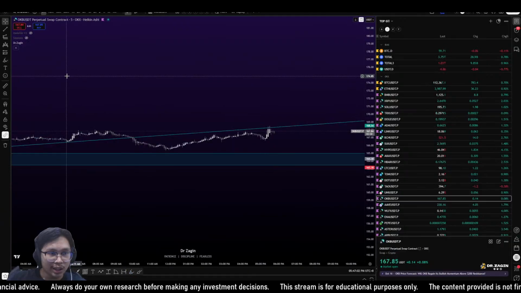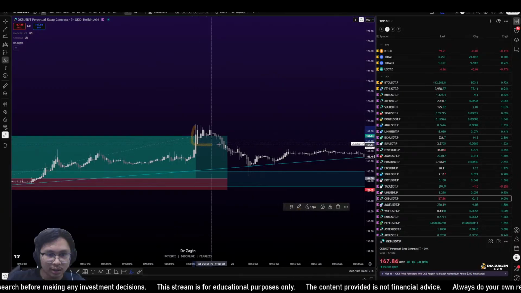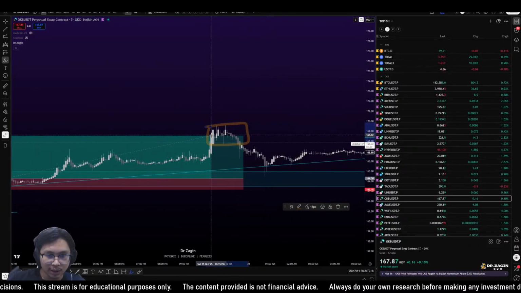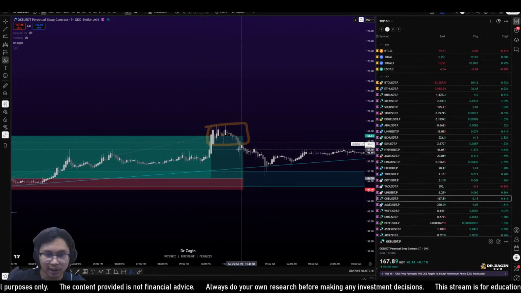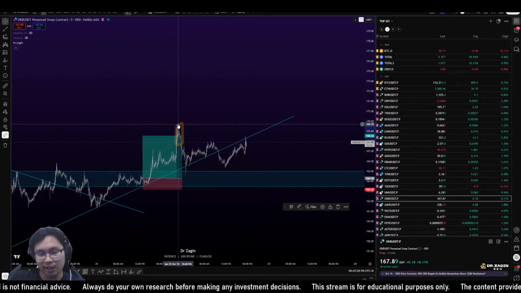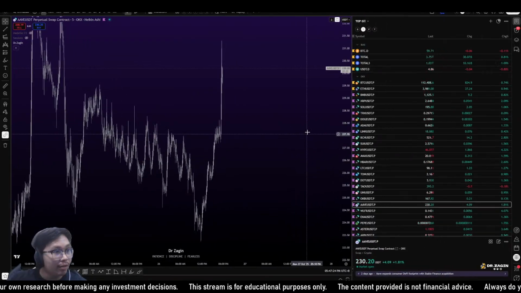I was scalping this area. If you see this area here, that's a sign of weakness already. That's why I sold and exited my trade around this area. Basically, whatever this shows you, that's where I entered and exited. Okay, moving on. AF.